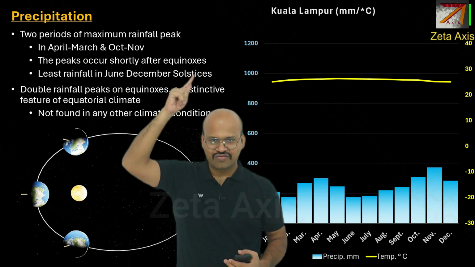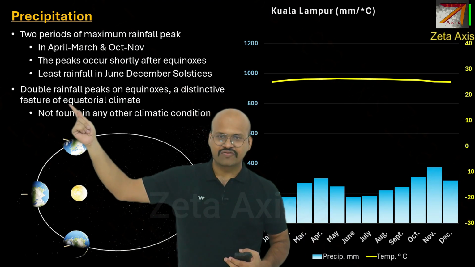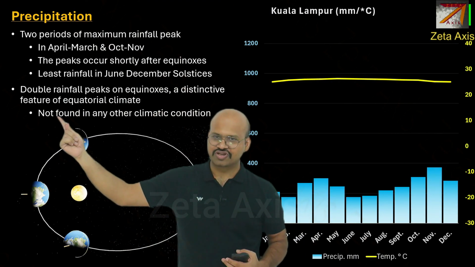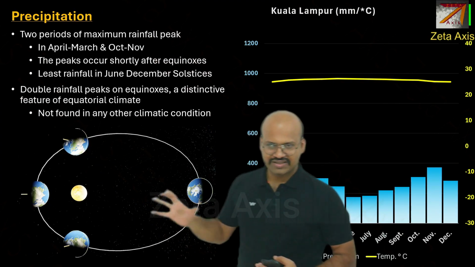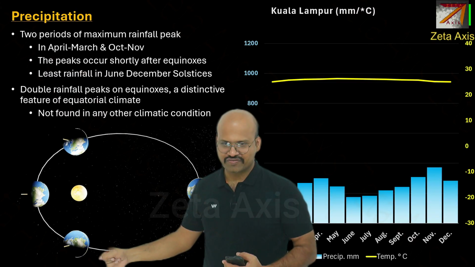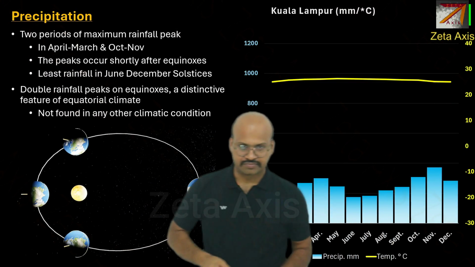Therefore, the rainfall during these times decreases. Double rainfall peaks around the equinox are a distinctive feature of the equatorial climate, which we have already seen in detail. In this image we can see these are the positions of the equinox and these are the positions of the solstice.